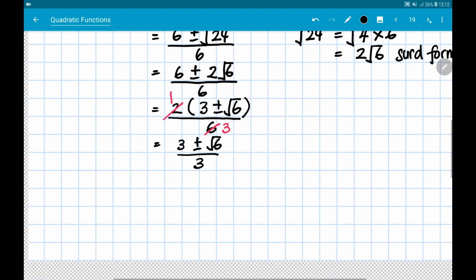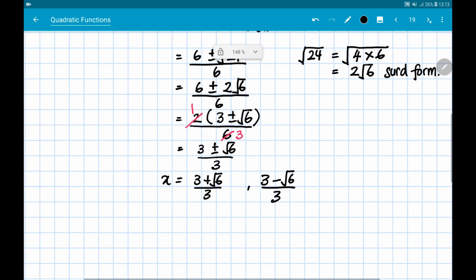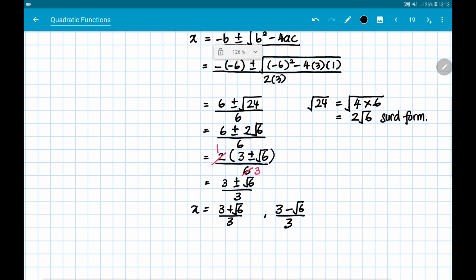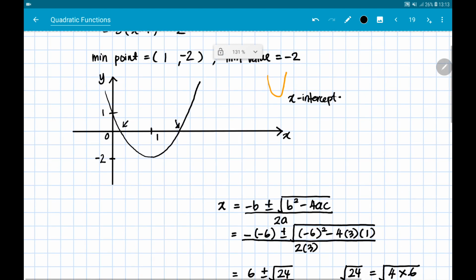What does this mean? This means I've got 2 x answers. One answer is 3 plus square root 6 divided by 3, and the other is 3 minus square root 6 divided by 3. Okay, now if you're not sure which number is larger or which number is smaller, you can type this in your calculator and compare the decimals. Having these 2 numbers, we can put them back into the graph.